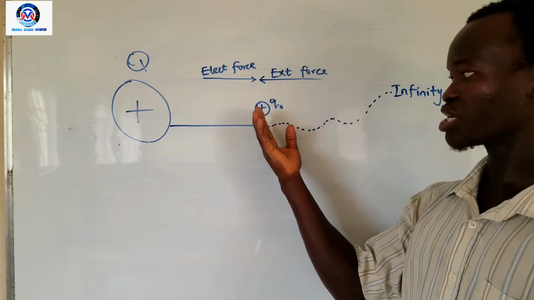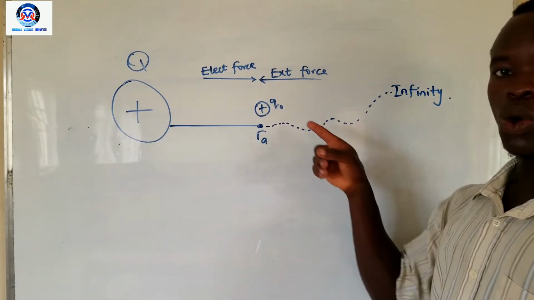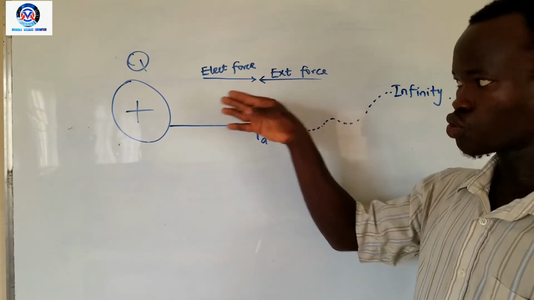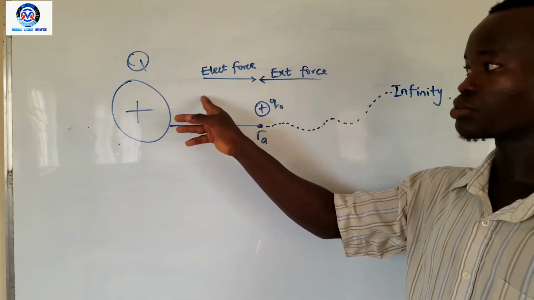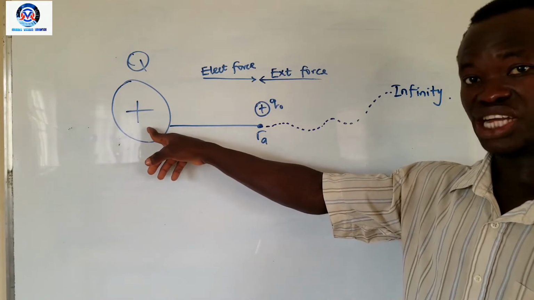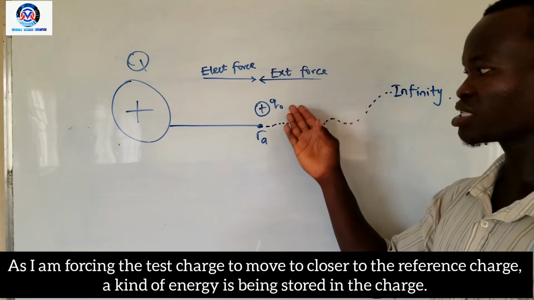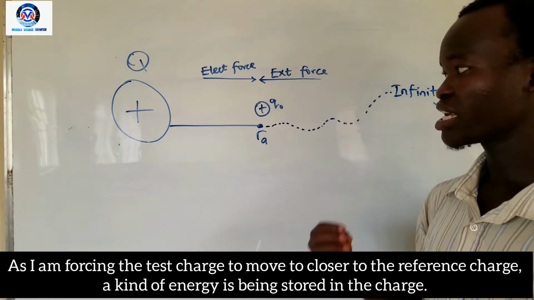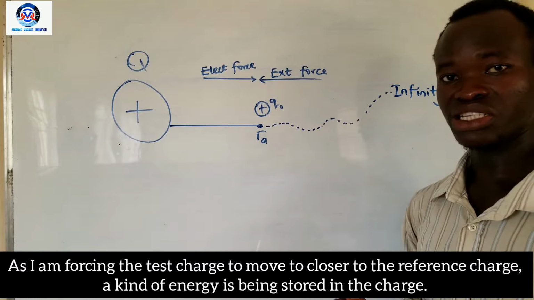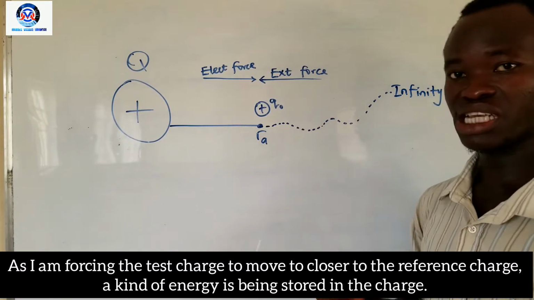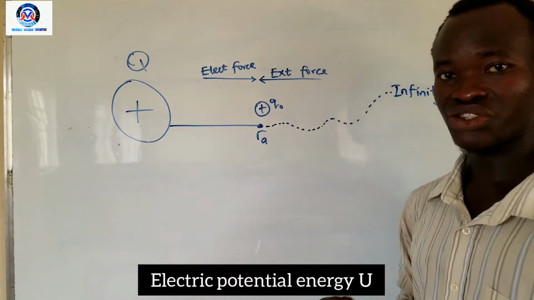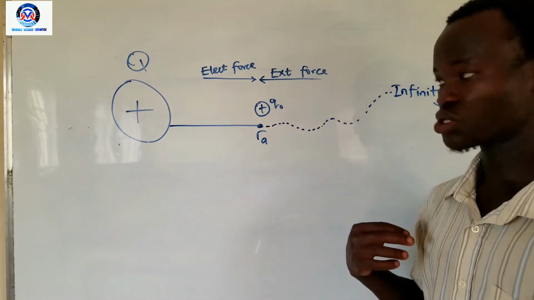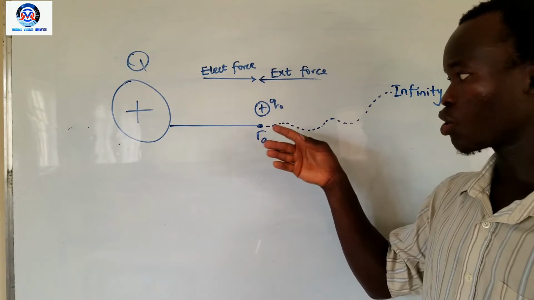So the charge will be trying to repel, but I am the one working on the charge to push the charge with force towards the reference charge. And in the process of forcing the test charge to the reference charge, a kind of energy is stored in the test charge. And the energy stored in the test charge is called the electric potential energy. Because I am the external force, I am doing some work on the charge.